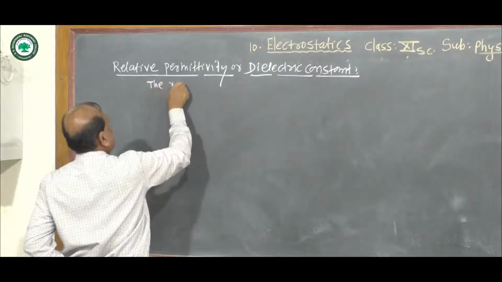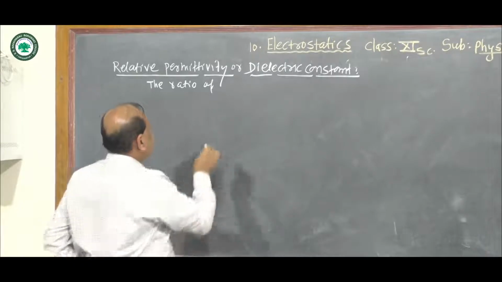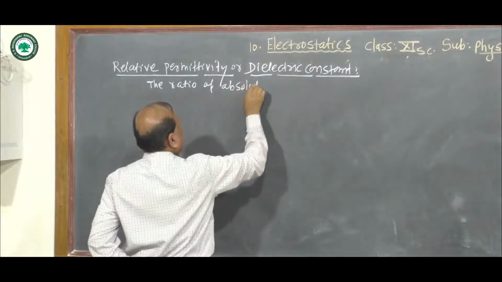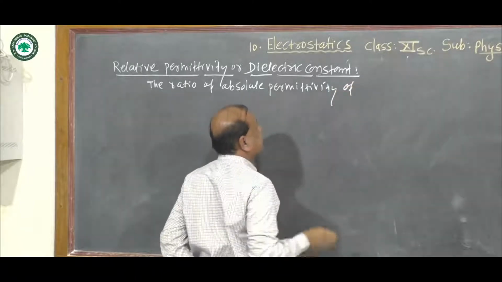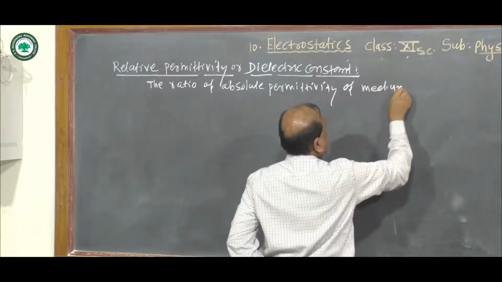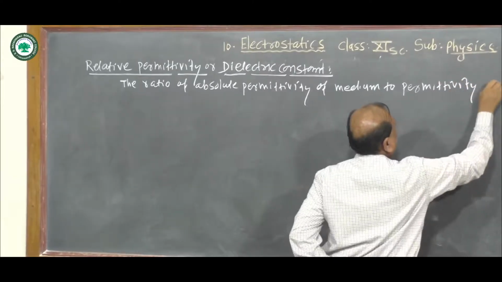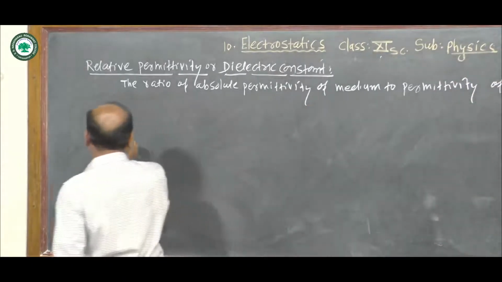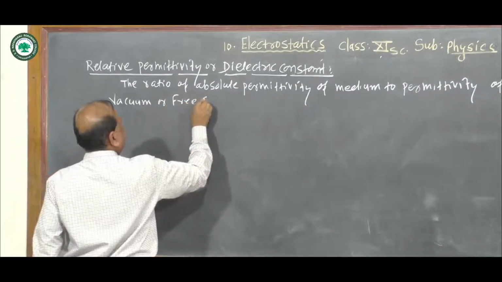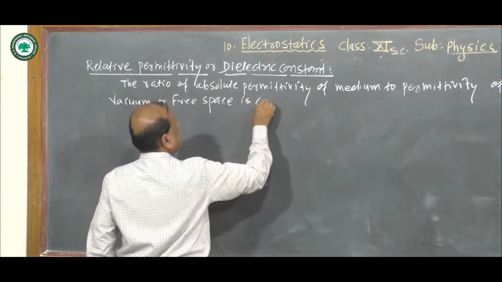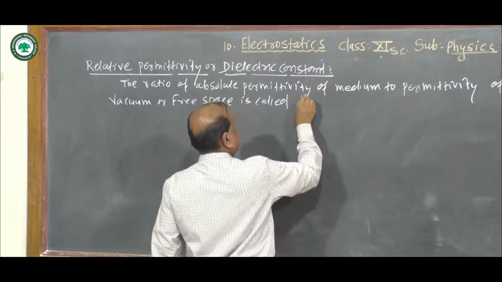The ratio of the absolute permittivity of a medium to the permittivity of vacuum or free space is called relative permittivity or dielectric constant.